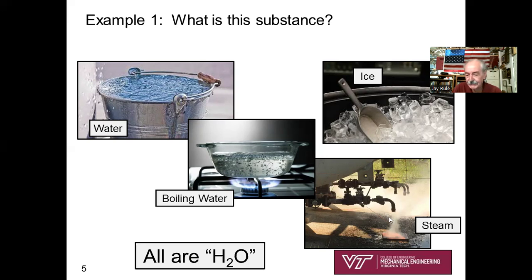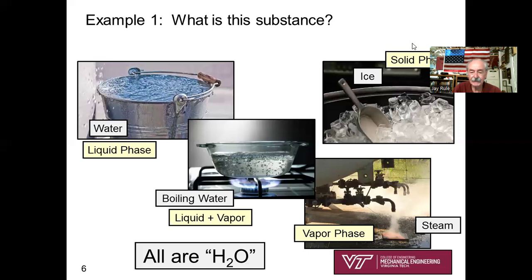You are seeing a cloud, so that's sort of steam that is condensing back into water that you can see with your eyes. Steam you can't really see with your eyes. But all of these, what's the important point? All of these are H2O, aren't they? So each one of these images represents the substance H2O.